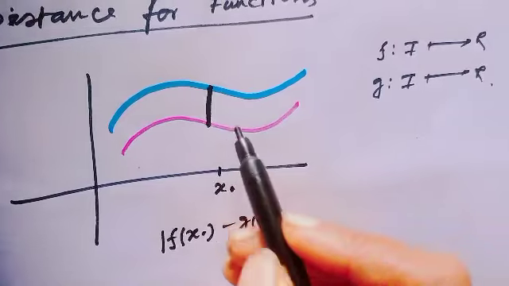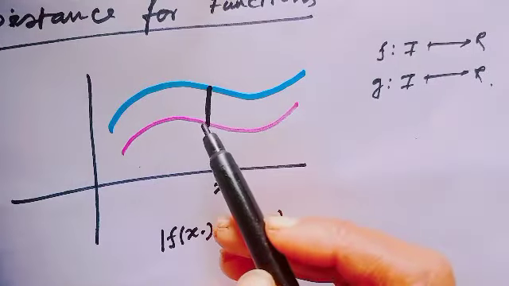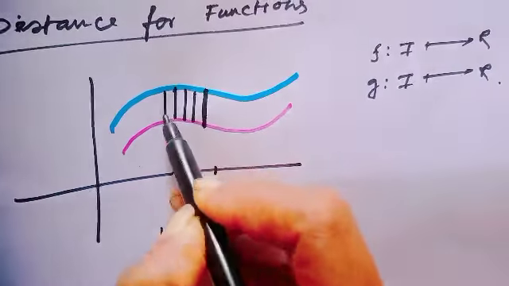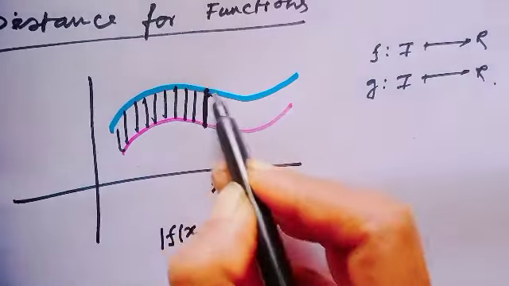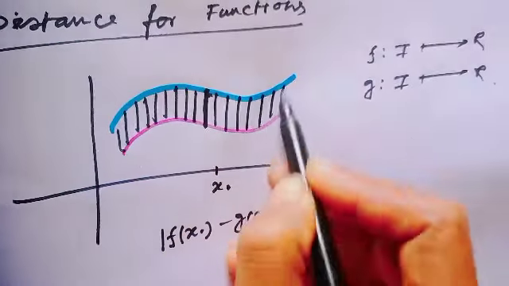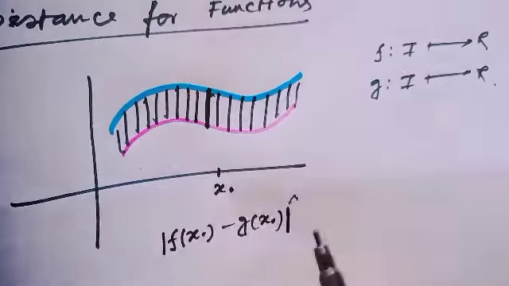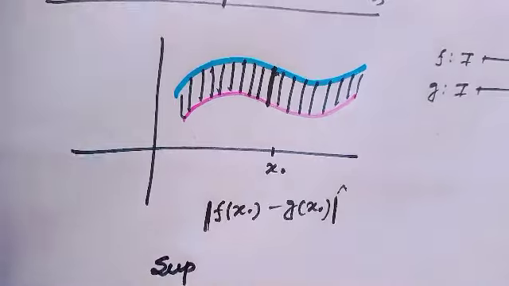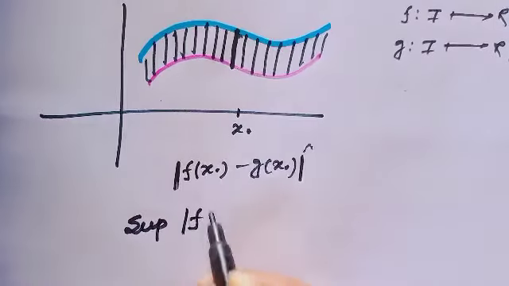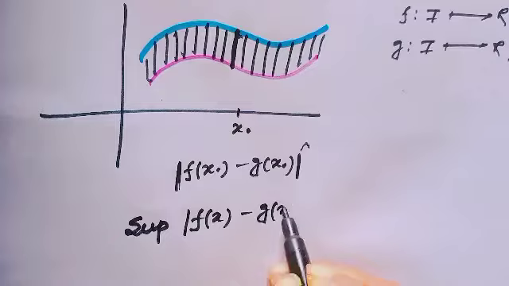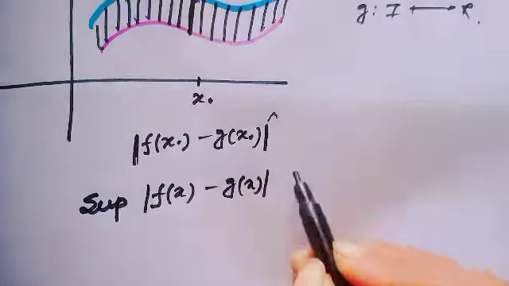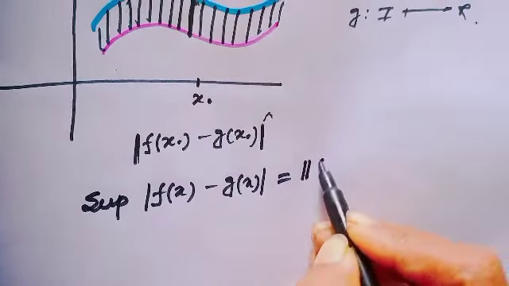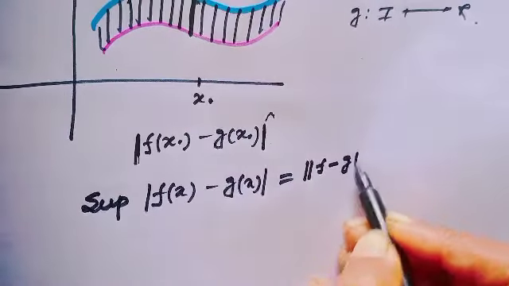The difference between two functions at a point of the domain would be such a type, and this would obviously be a number. Now the supremum distance of these two functions would be the supremum of the distance between f(x) minus g(x), which is denoted as the norm of f minus g, infinity.